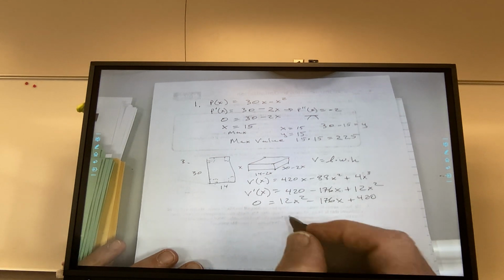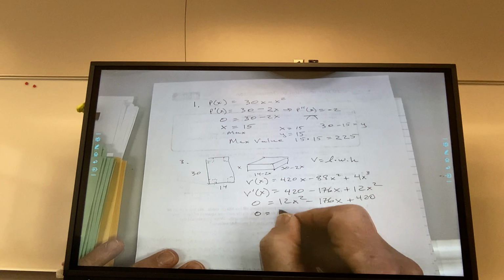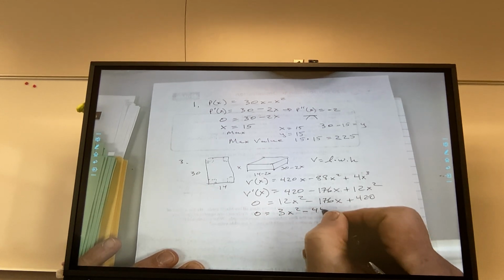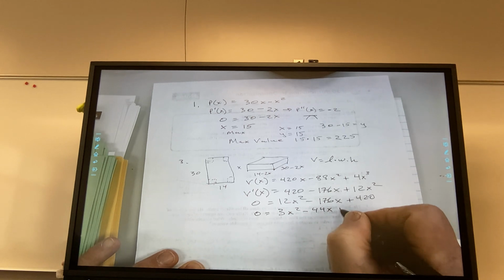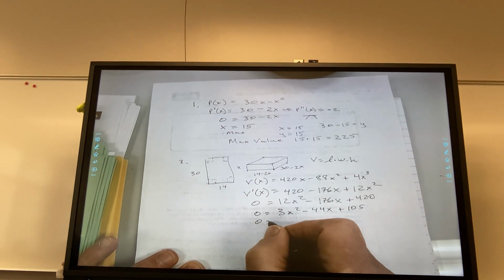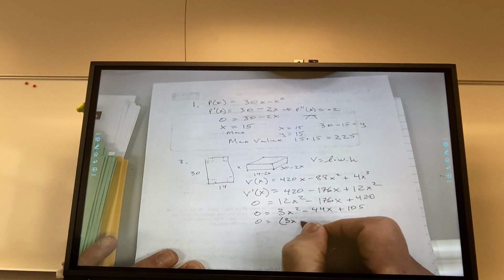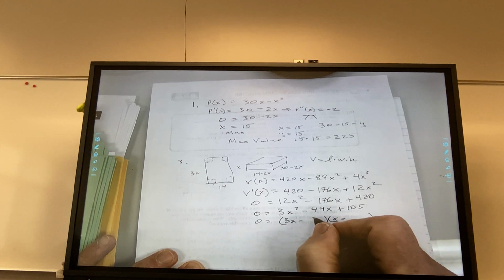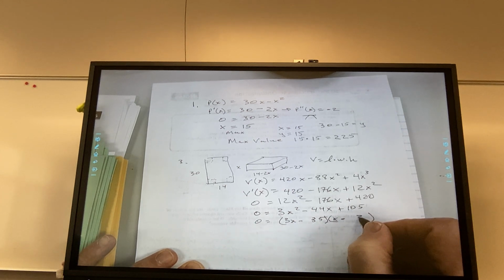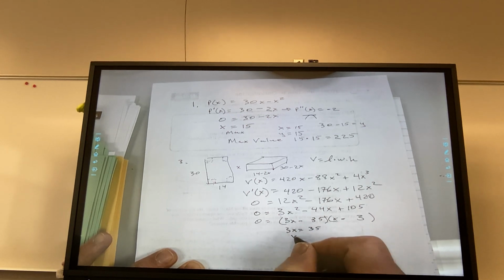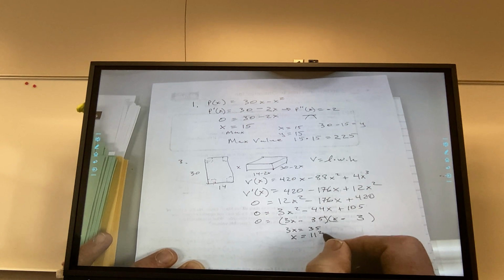And then what I did is I divided everything by 4 and got 3x squared minus 44x plus 105. This was factorable. And I got 35 here, and 3 here, and I got 3x is equal to 35, x equals 11 2/3.